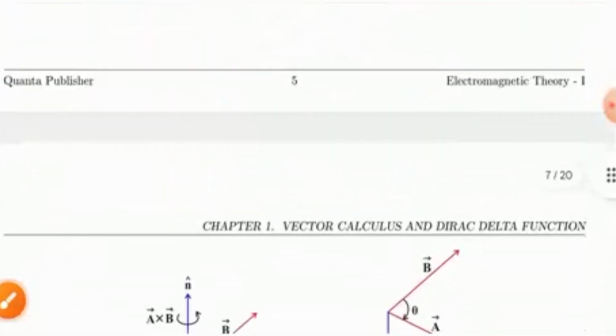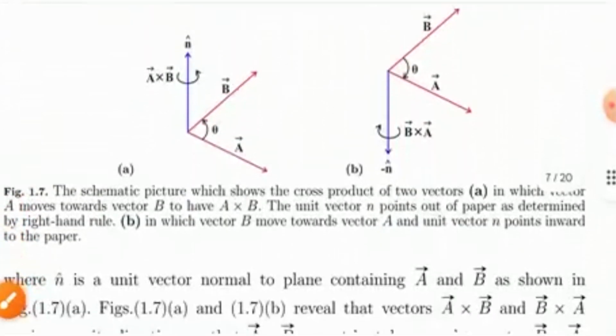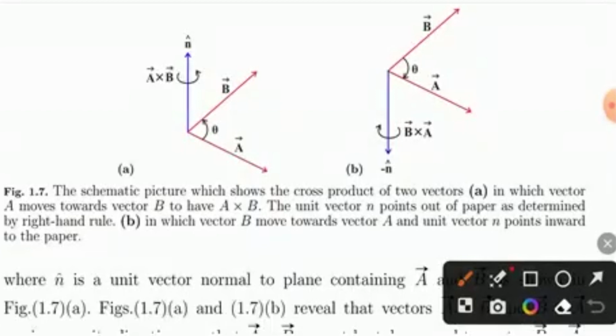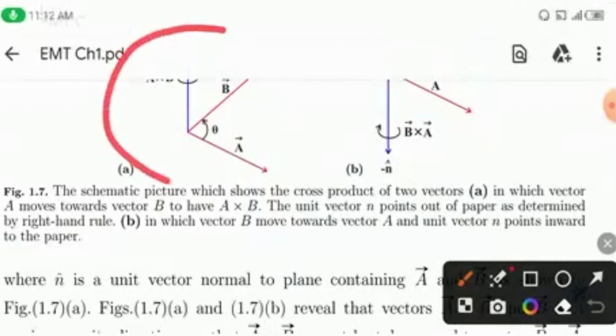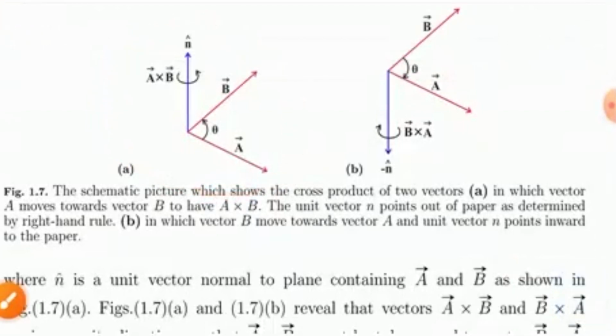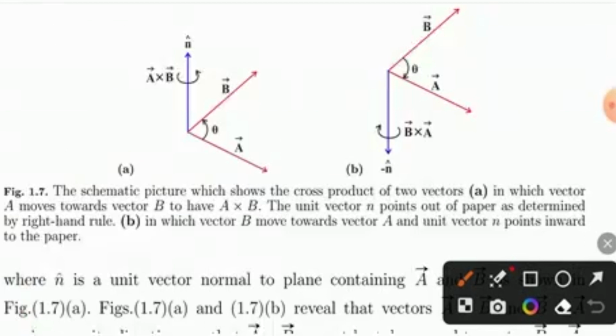Here you see in the next diagram, if we multiply the vector A with the vector B, it is written as A cross B. By using the right hand rule, another vector will generate that is represented by this normal unit vector along this direction.